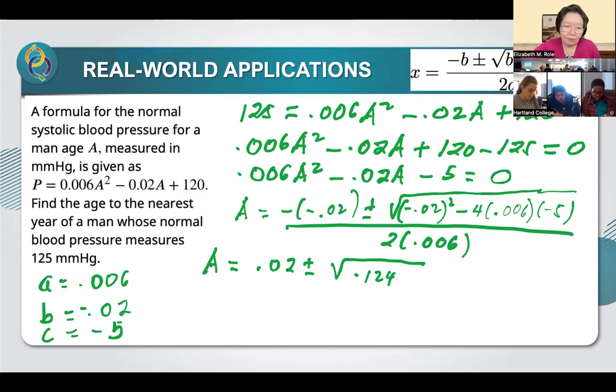Where is my calculator? Let me check. So 0.02 squared is 0.0004, right? Yes. And then 4 times 0.006 times 5 is 0.12.